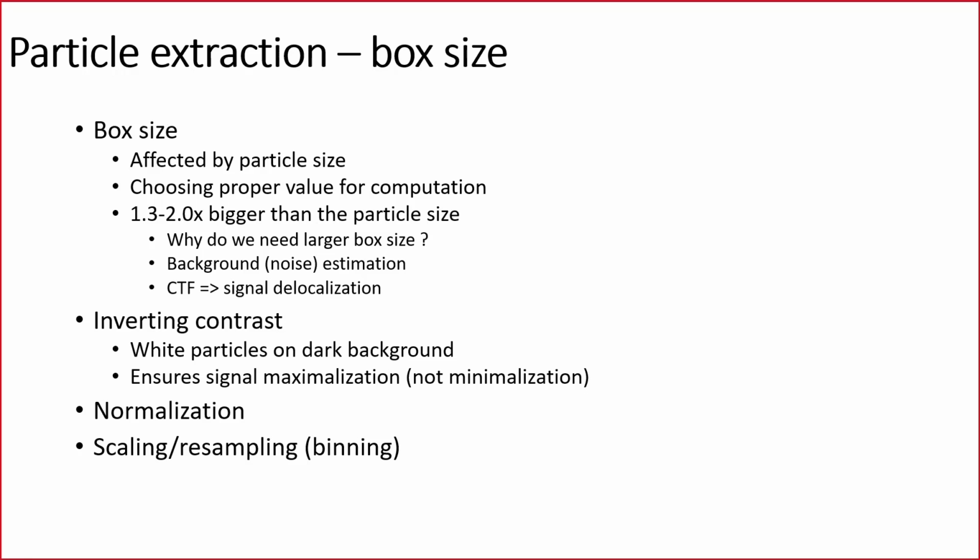So the signal for a small object is delocalized to exactly the same distance as for a large object. On the next slides, we will show which box sizes are proper.